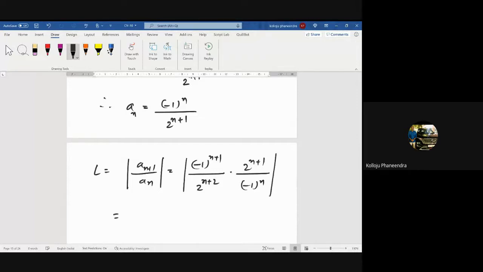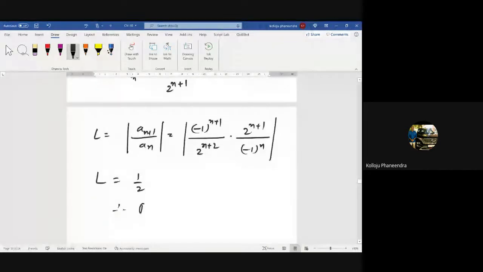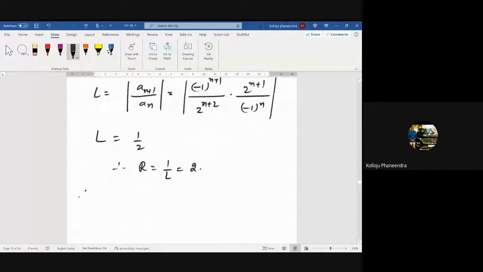The minus 1 is anyway positive since modulus is there, so we get 1 by 2. Therefore R value is 1 by L, that is 2.